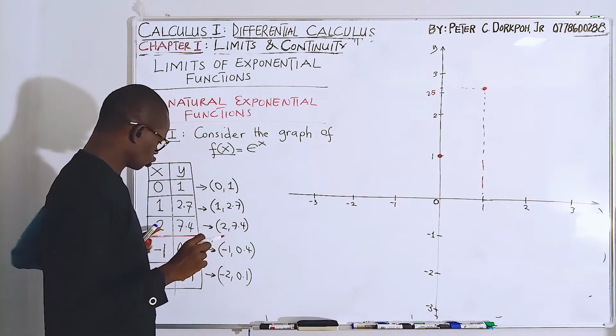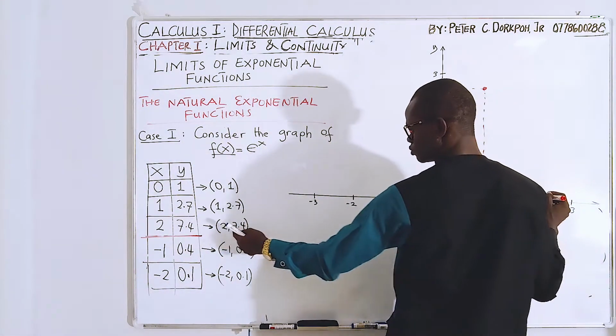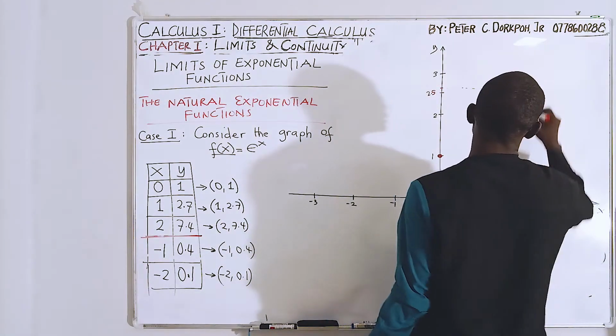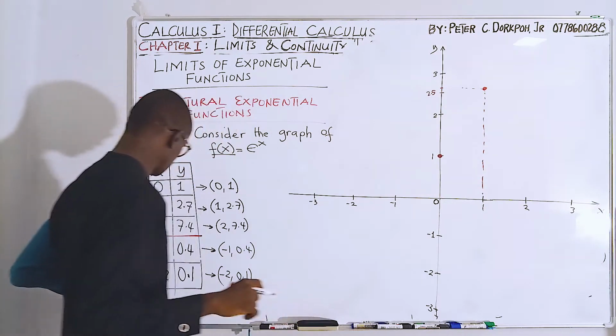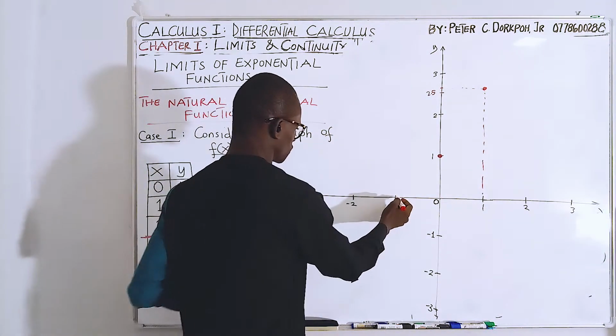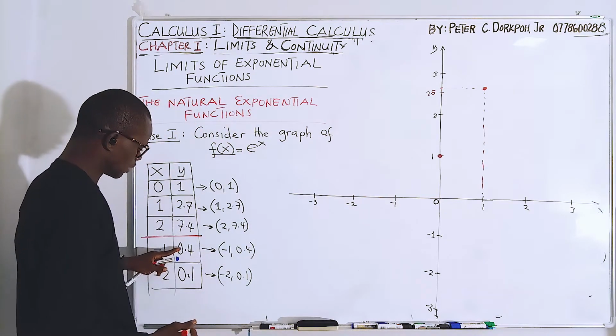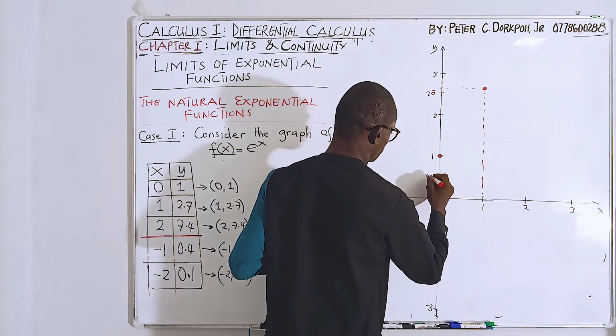When x is 2, y is 7.4. So you understand that it's going to be all the way up, right? When x is minus 1, y is 0.4. So consider that this between here is 0.5.